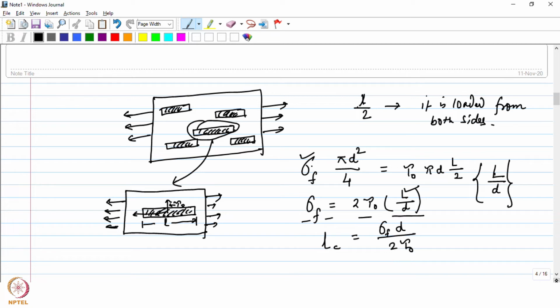So when the fiber length exceeds the critical length LC, it is possible to load the fiber beyond their breaking point and fracture them. Okay.